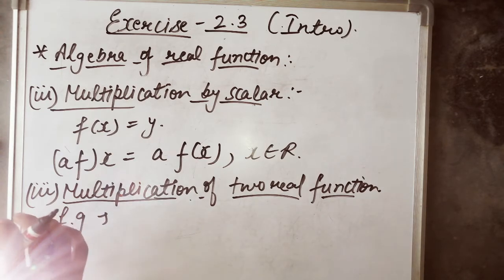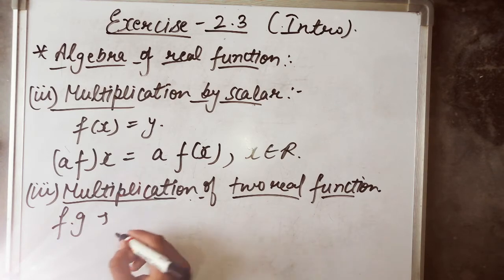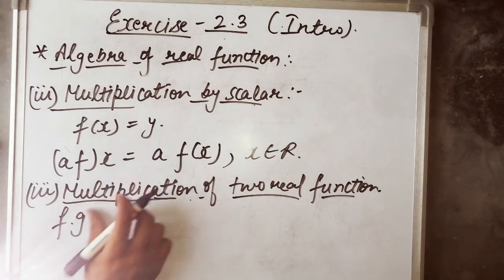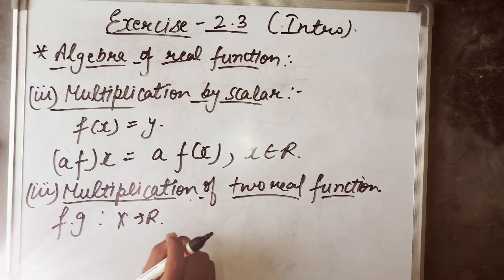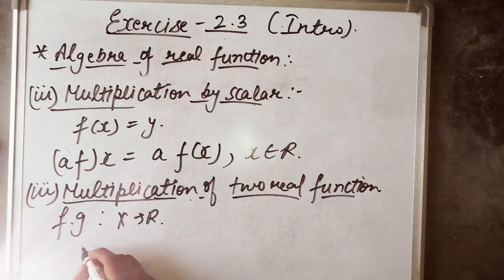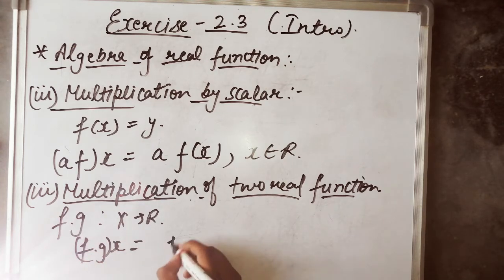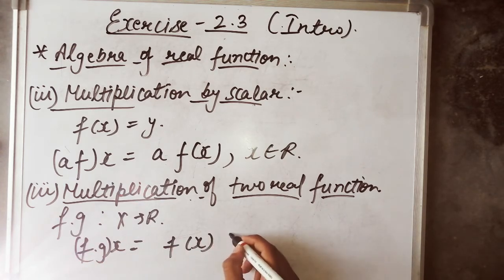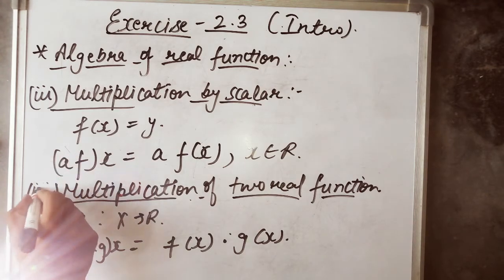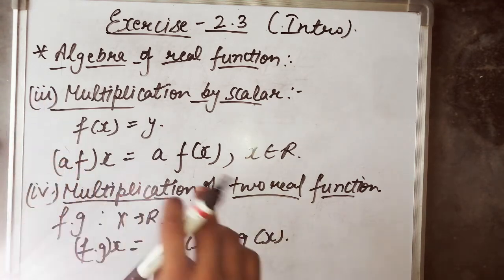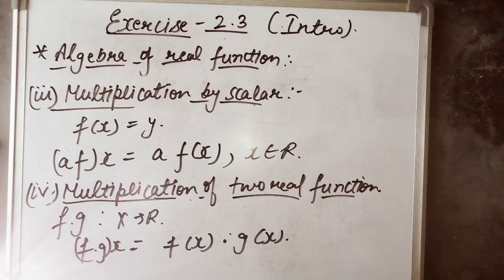These are two real valued functions, defined on x to the real numbers, and when you multiply them you have f x into g x. Okay, simple. Now this was the fourth part. I mistakenly wrote it as the third part. The last part is the quotient of two real functions, but before that pause the video to note it down.